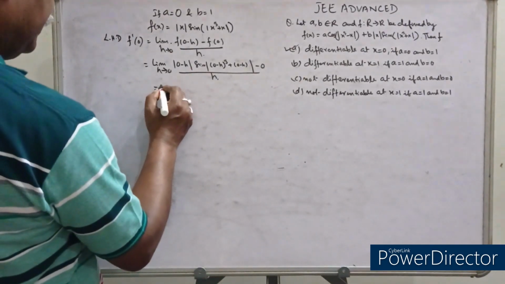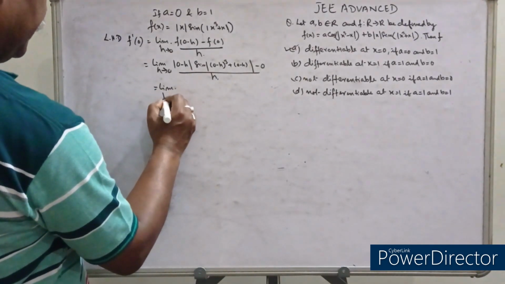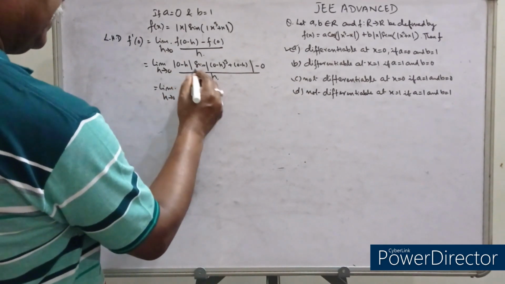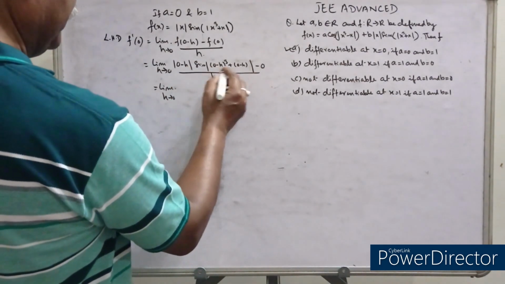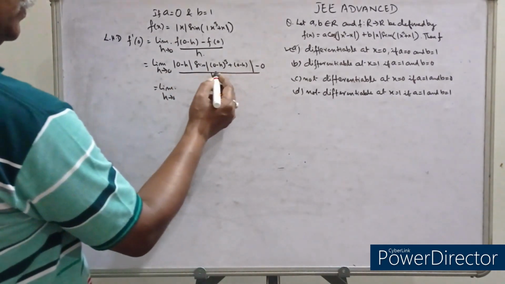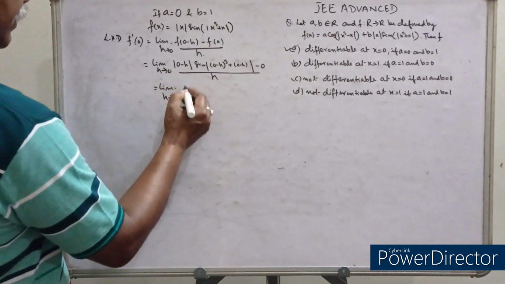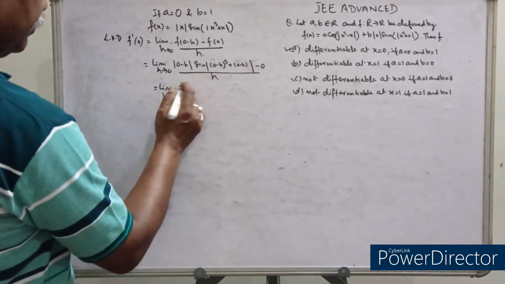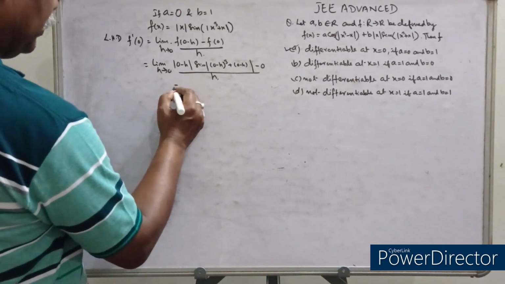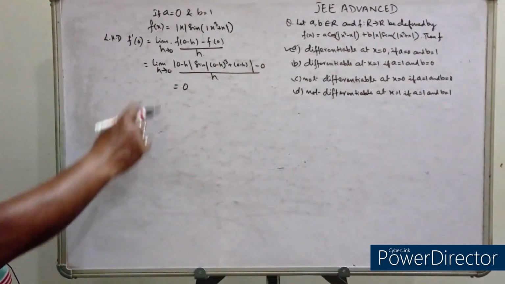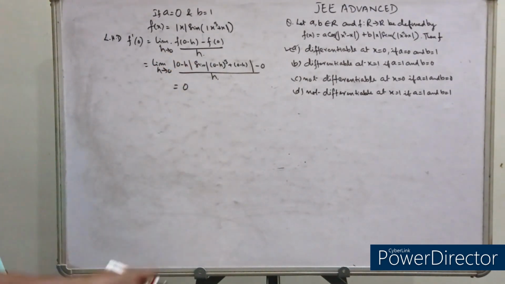So here you see the h cancels out, and sine 0 is 0, so your answer will be 0.